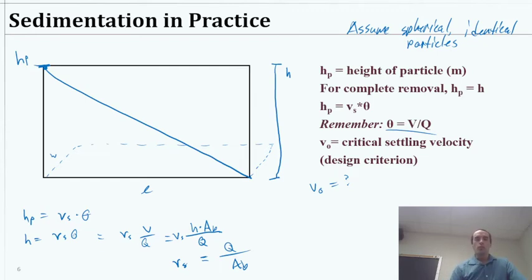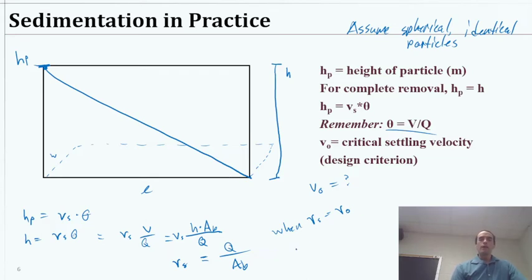Okay, and like we said a minute ago, when we define the sedimentation velocity as the critical sedimentation velocity, we say that particular particle is the speed at which it's going to be the one particle that can be removed. Anything slower is not removed. We're calling that the critical one. Anything slower than this velocity here will never be removed from a system like this, because it's not going to reach the bottom.